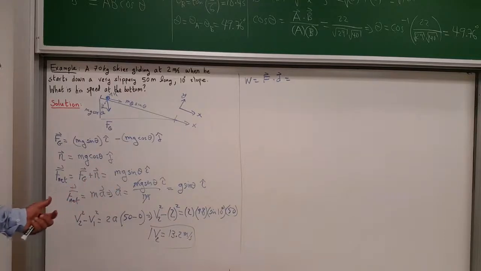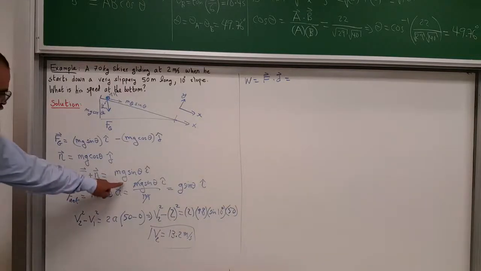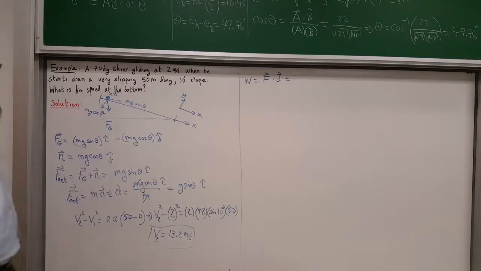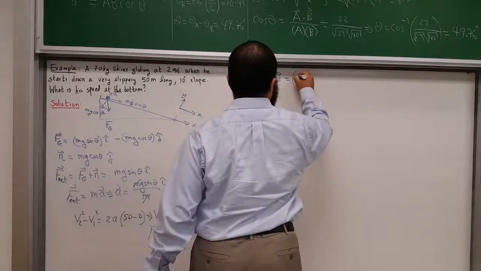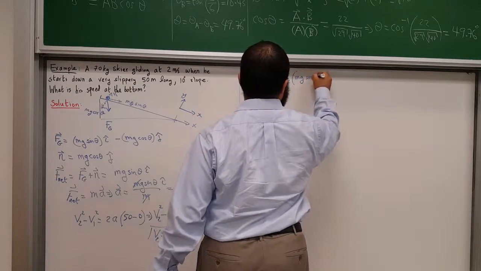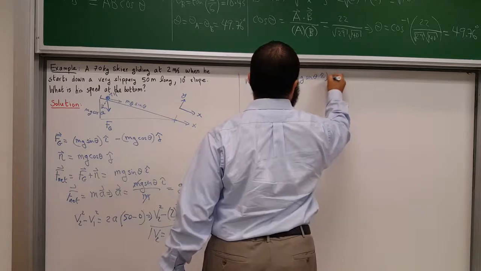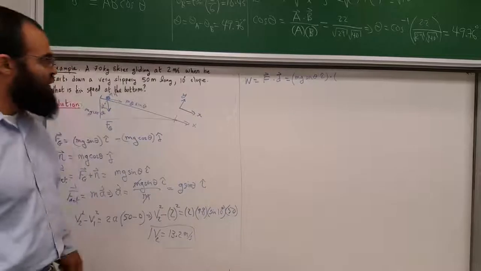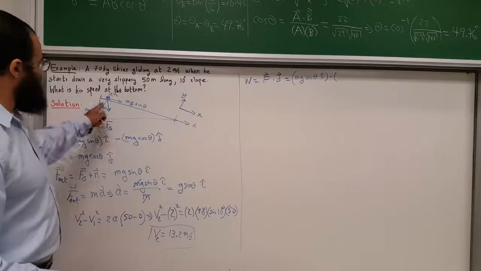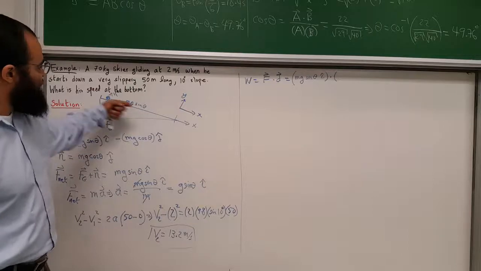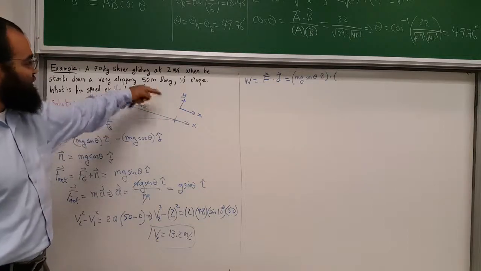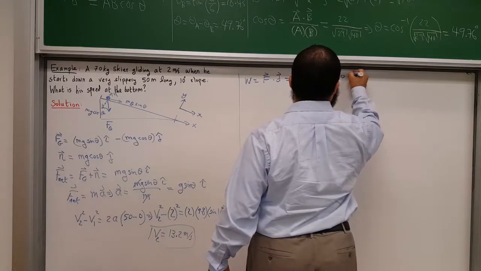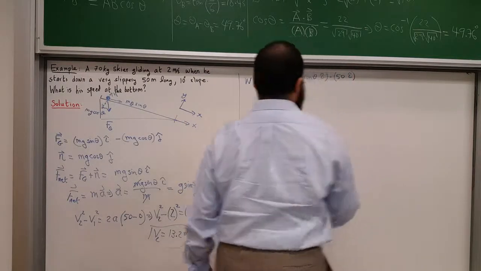The force is the net force, mg sine theta in the I hat direction, dotted with the displacement, which is 50 meters in the I hat direction, the x direction. That's my definition of work.